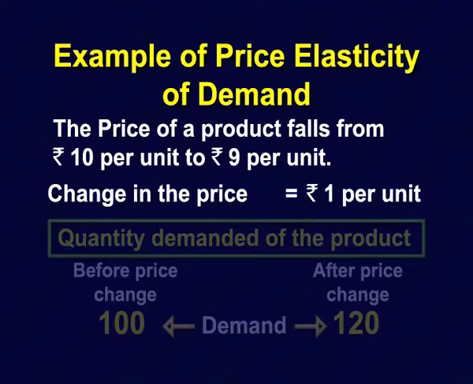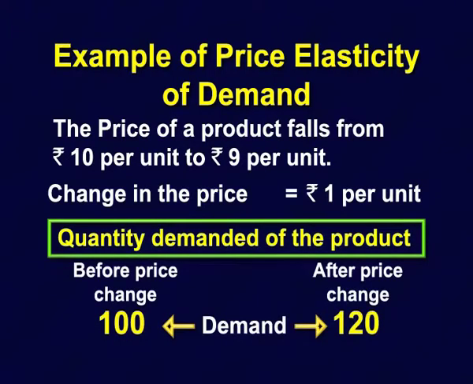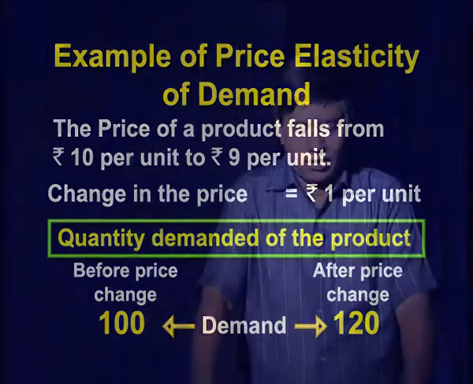And due to this change, consequently, the quantity demanded of the product increases from 100 units, which were earlier being demanded, to 120 units being demanded now. Now, we have to find out the price elasticity of demand. This simple numerical explains to you the working of price elasticity of demand, the formula that we have been discussing earlier.